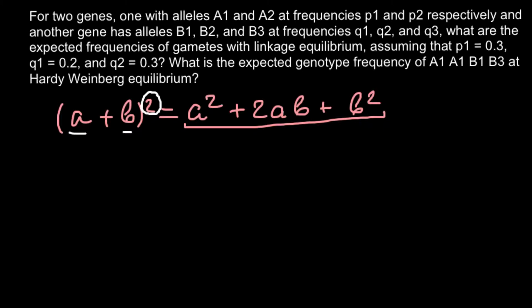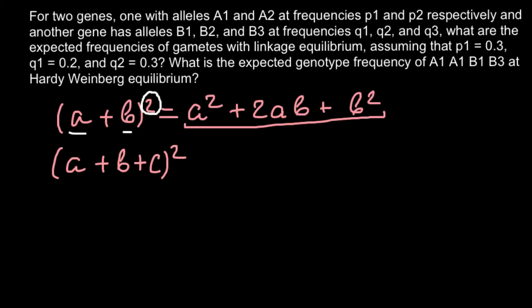And for the second locus, we have three alleles, allele B1, B2 and B3. So we have to use a modified formula, or trinomial expansion, and this is going to be allele A plus allele B plus allele C, also squared, because once again we have diploid organisms here.